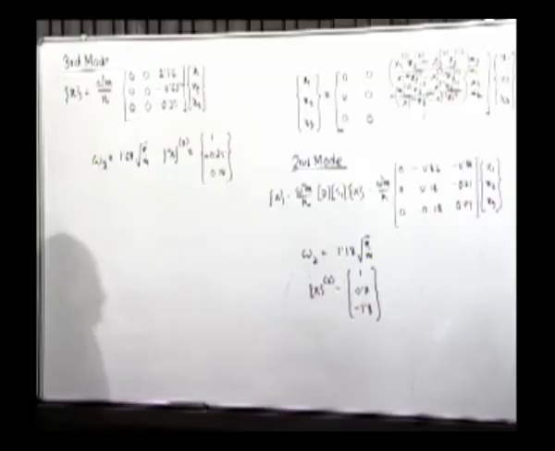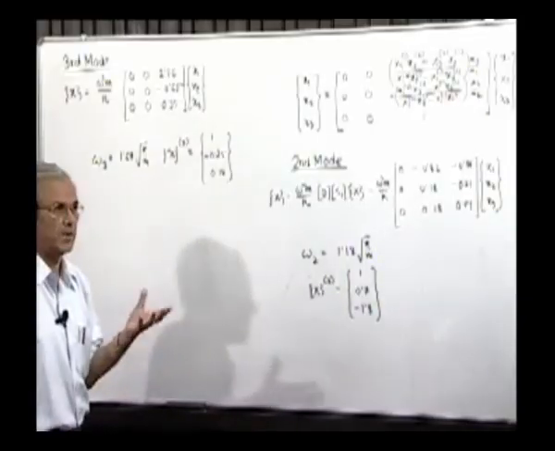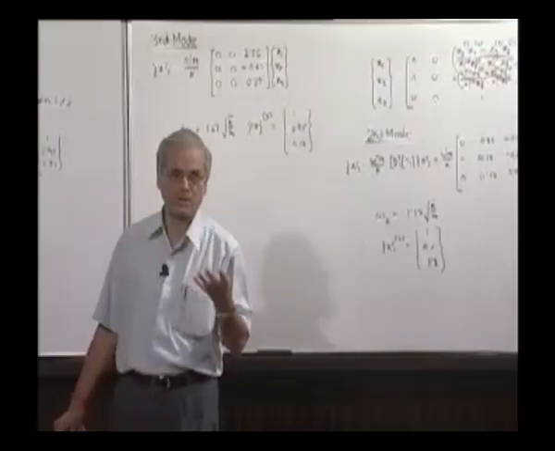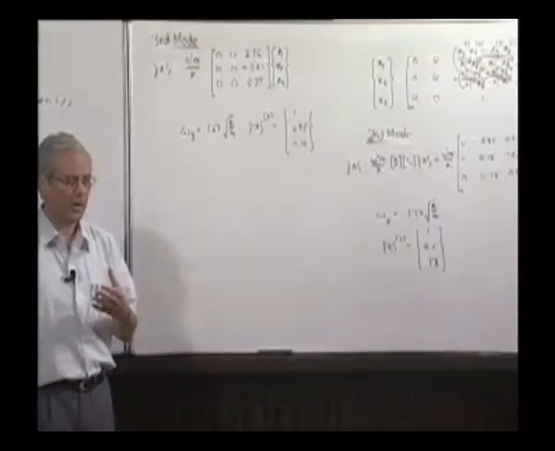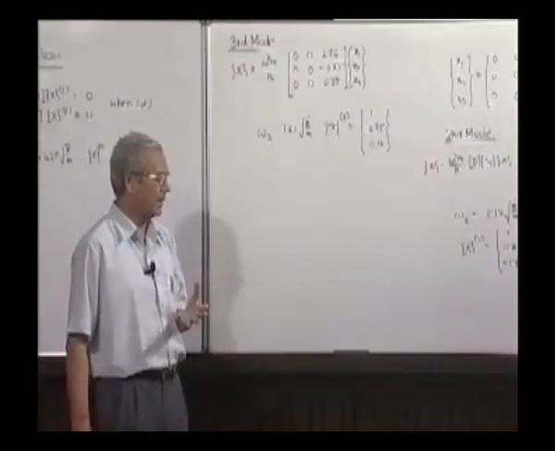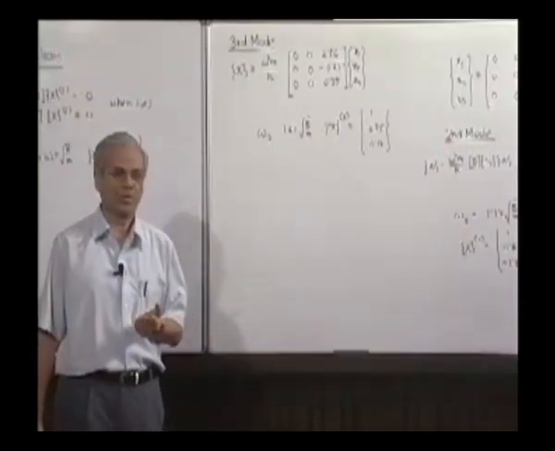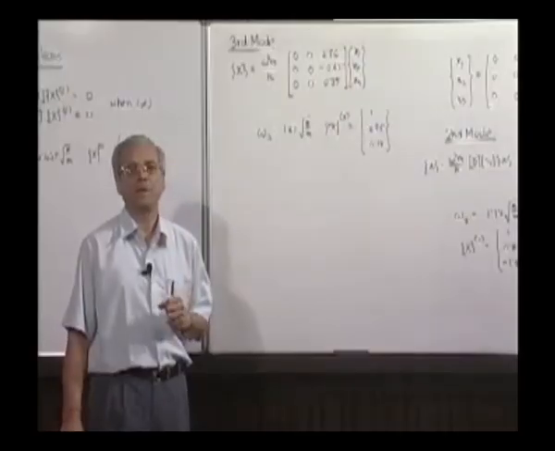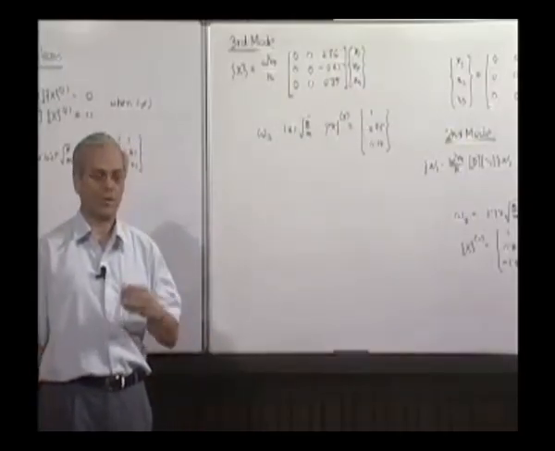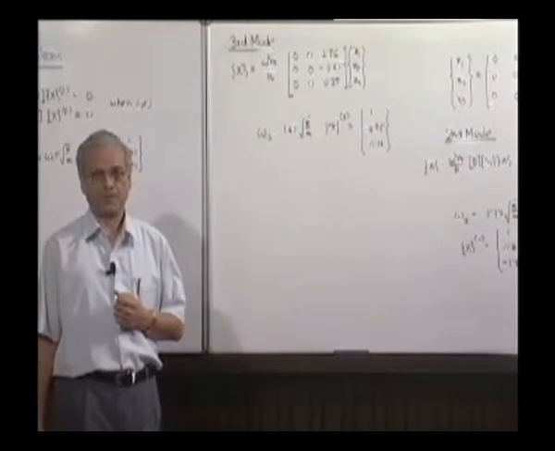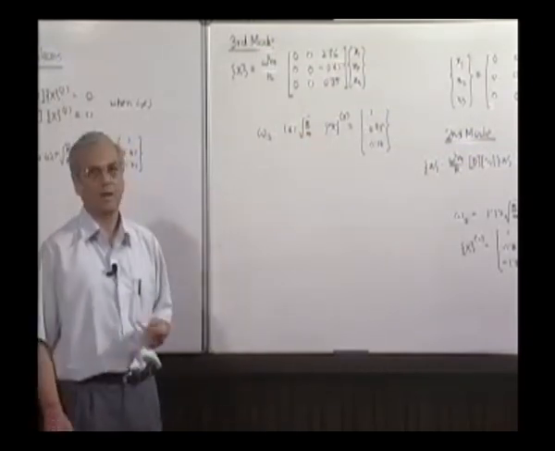The question is, are there methods by which we can quickly estimate the fundamental frequency, which is generally of maximum importance? In the next session we will discuss techniques by which a quick estimate of the fundamental frequency or first natural frequency can be found without going through such detailed calculations.